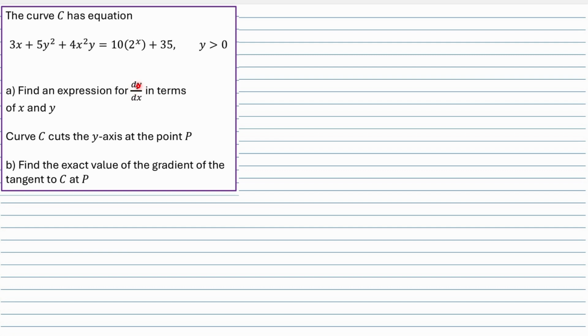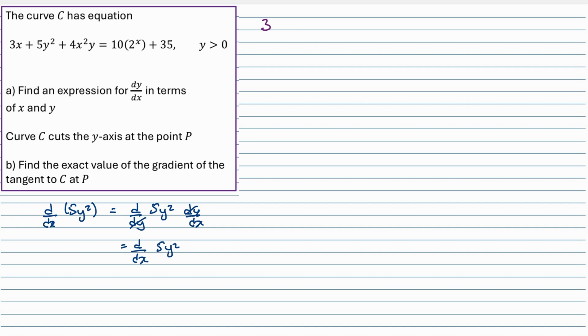To find an expression for dy by dx, we need to differentiate each of these terms with respect to x. So when we differentiate 3x with respect to x, we'll just get 3. And if we want to differentiate 5y squared with respect to x, then we need to differentiate it with respect to y, and then we multiply this by dy by dx, because the dy will cancel with this one, and we're left with the derivative with respect to x of 5y squared.